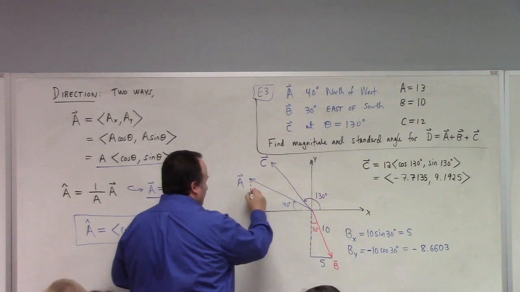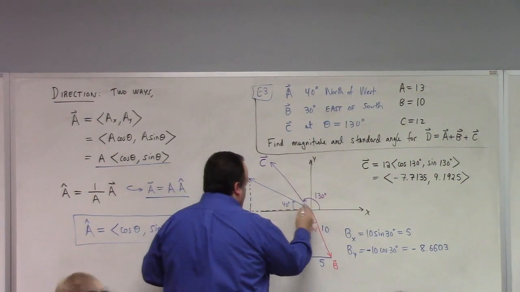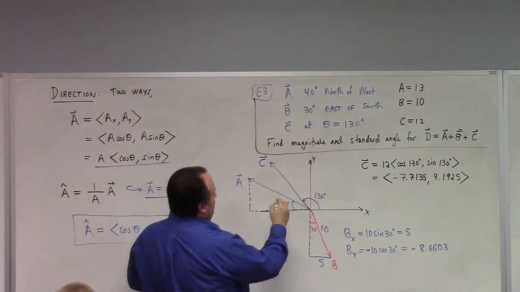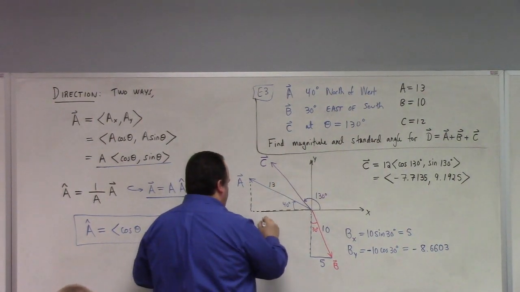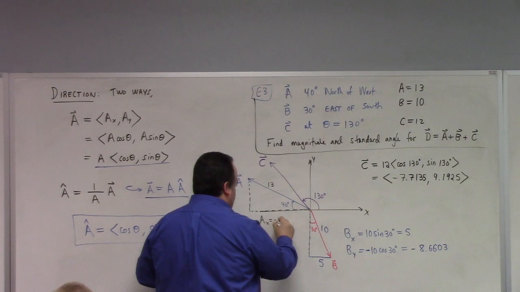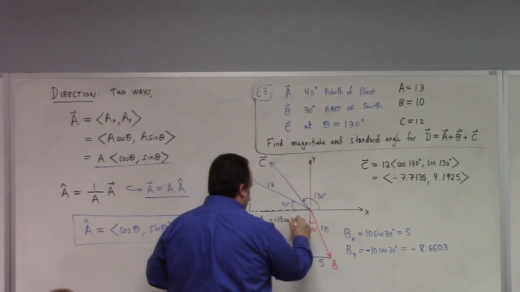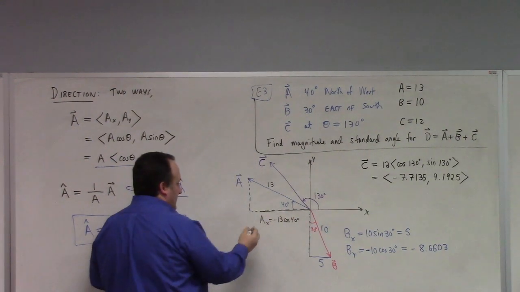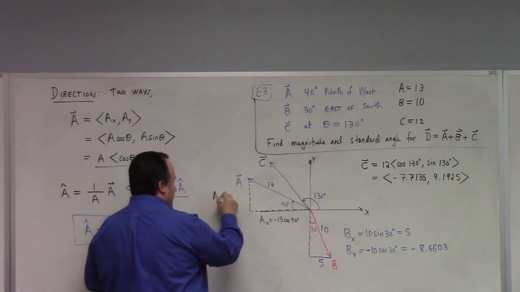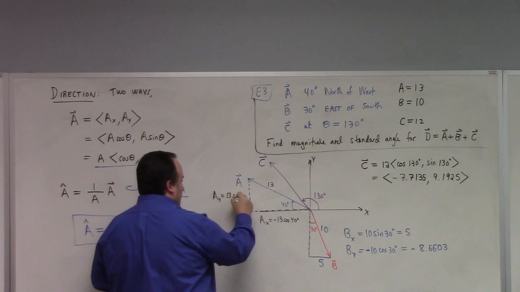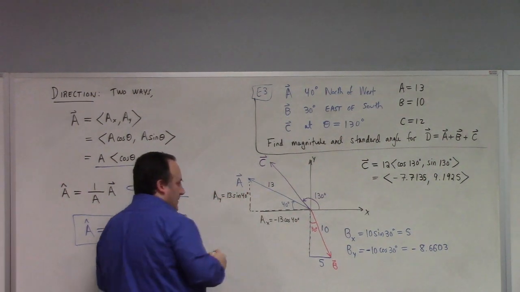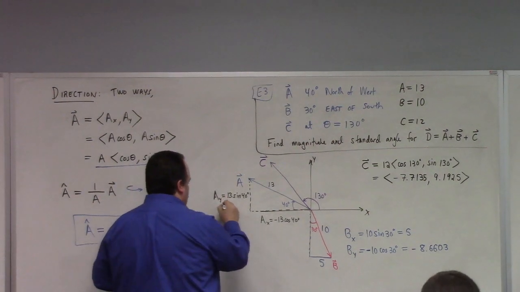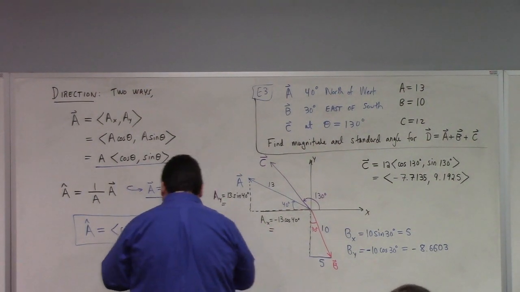The magnitude of A was 13. So A sub x is minus 13 cosine 40, because that's the adjacent side to that angle. And A sub y should be 13 sine of 40. All right? And so you guys want to tell me what those are?